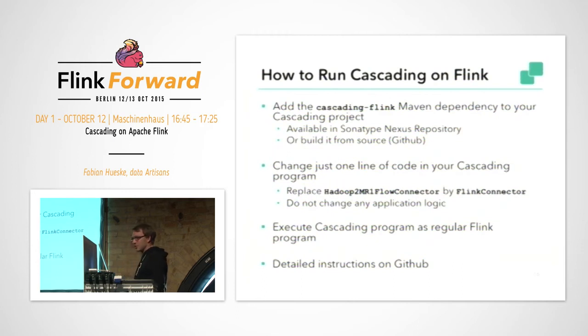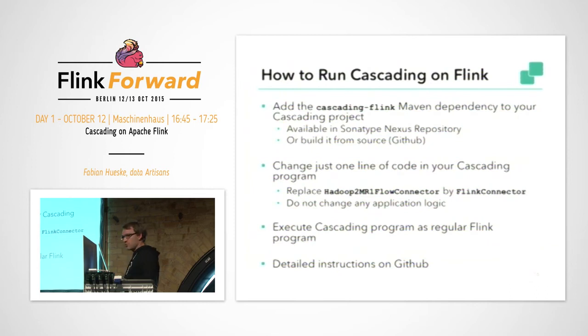And then all you have to do is basically just switch one line of code. You only have to replace the so-called flow connector, which compiles the Cascading program into a so-called flow, which then can be executed.